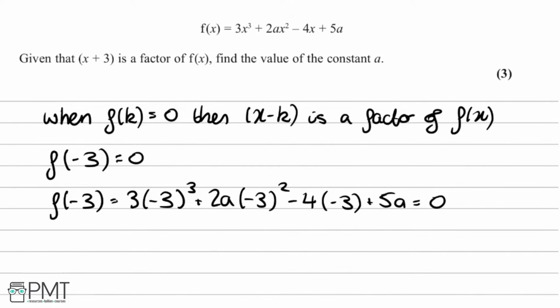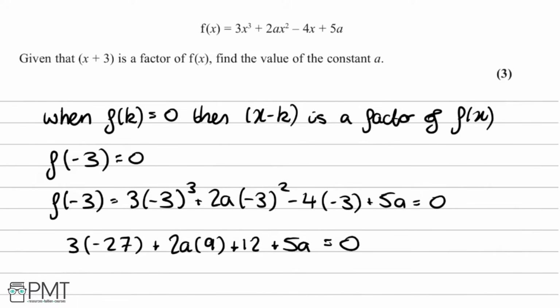So multiplying out these brackets, we've got 3 times minus 3 cubed. A minus times a minus times a minus gets a minus, and 3 cubed is 27, plus 2a multiplied by, a negative times a negative is a positive, and 3 times 3 is 9. Minus 4 times minus 3, so we get plus 12, plus 5a equals 0.